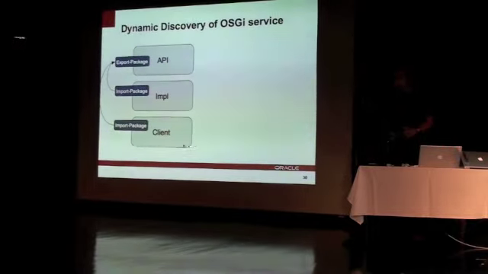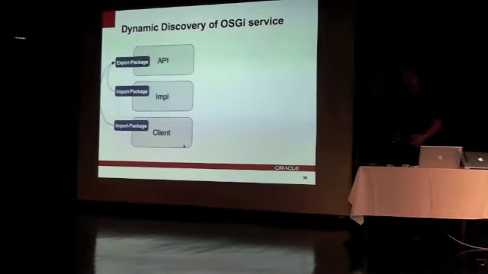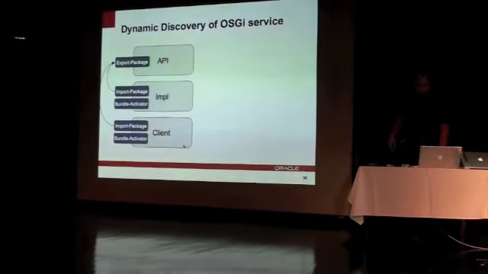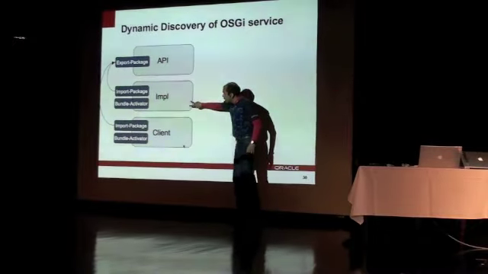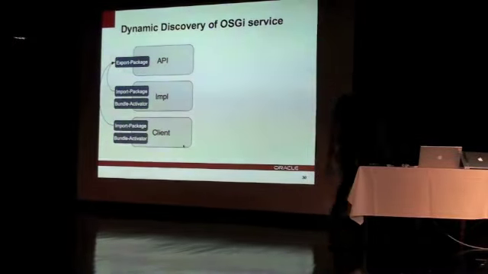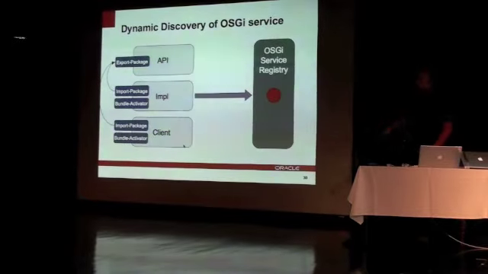Now the API is exporting, the impl is importing, and similarly the client is also importing the API package. In both of these, I potentially have bundle activators, in the impl and client. In the bundle activator, I'm registering my service with the OSGi service registry.